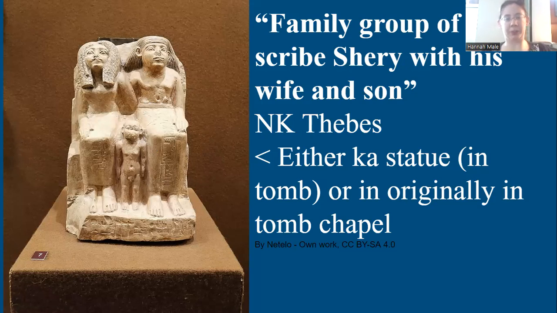So this could either be what's called a ka statue, a statue or set of statues that was put in the tomb as a backup vessel for your spirit or your body to receive offerings and be able to take them in if something happened to your mummy. And in that case, it would only be seen by the deceased. It wouldn't really be seen by the living.